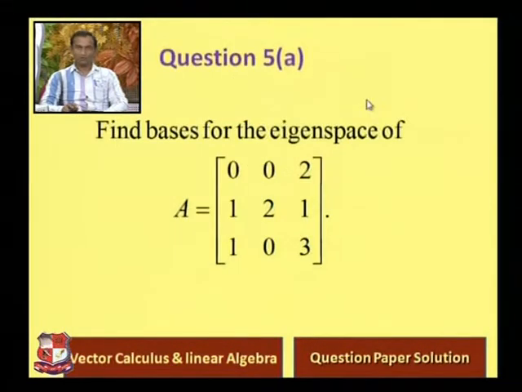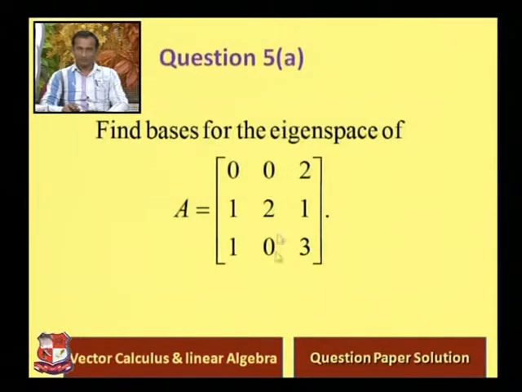Now question number 5a: find a basis for the eigenspace of A. That means find all eigenvectors and write them in set form. We can say all of these eigenvectors are linearly independent as well as span the space.